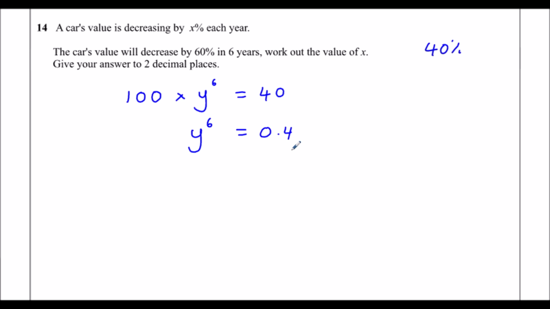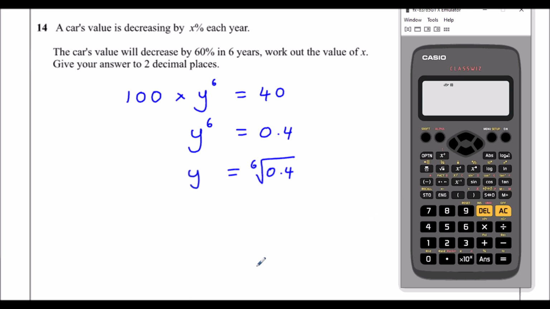Now to find our multiplier, we need to do the 6th root of both sides. The opposite of a power of 6 is the 6th root. So our multiplier will be the 6th root of 0.4. And on our calculator, we're going to have a button to do the 6th root. On this calculator, it's Shift and then this power button.